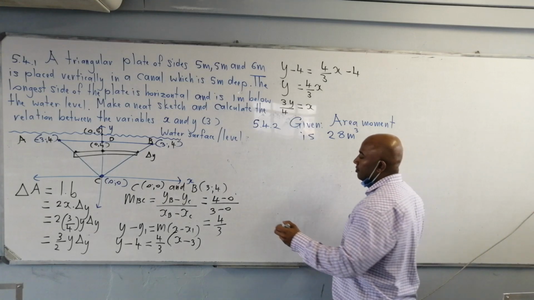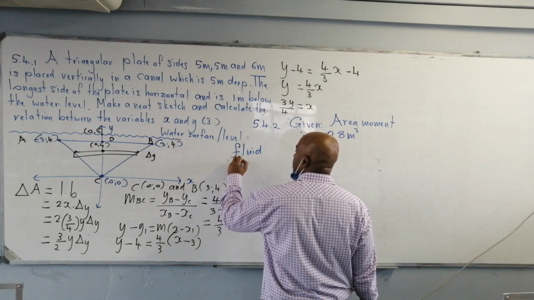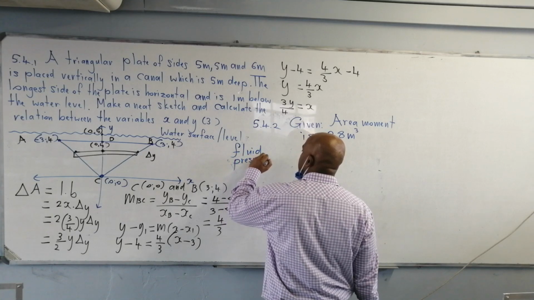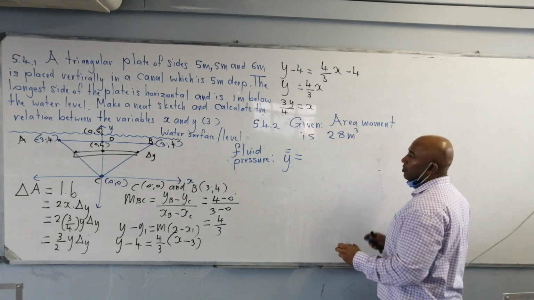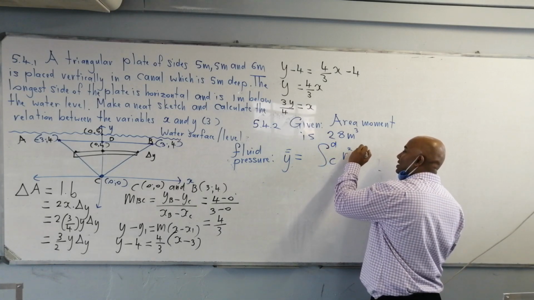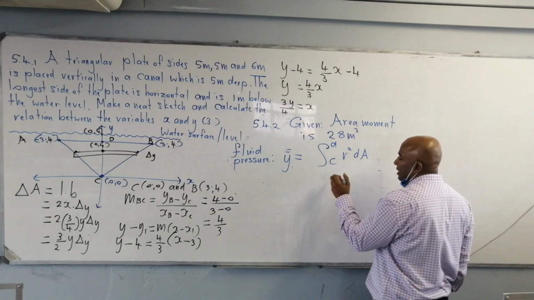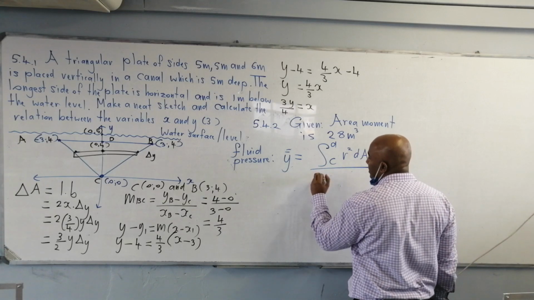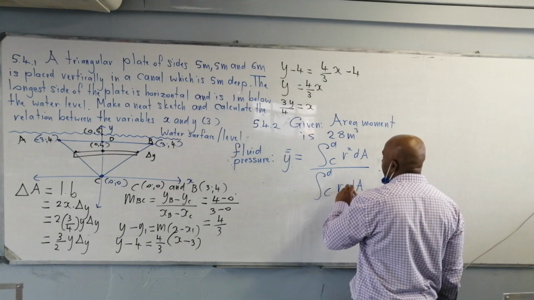Now, the depth of the center of fluid pressure is given by the formula: the integral of R squared dA, where dA means the area delta A, all divided by the integral of R dA.